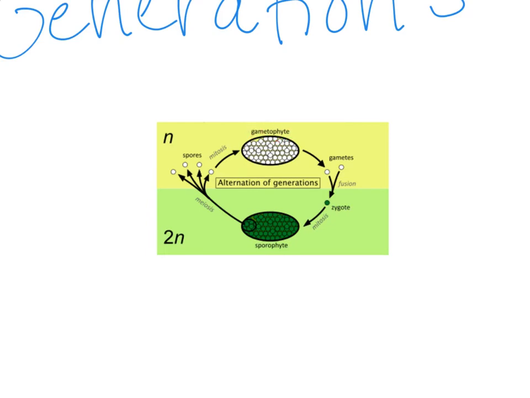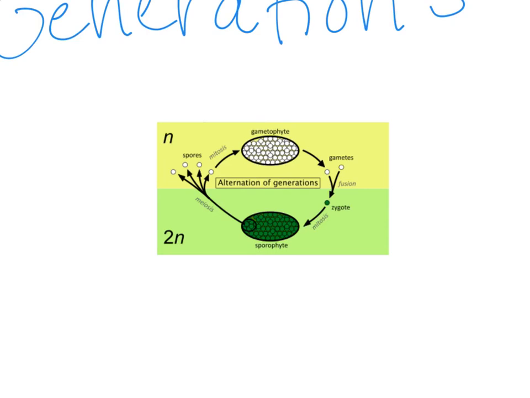Or if they said which stage in a fern's life cycle has a ploidy number of 2, or cells contain 2N chromosomes, you'd want to know that's the sporophyte. So those are the things people get mixed up most frequently.